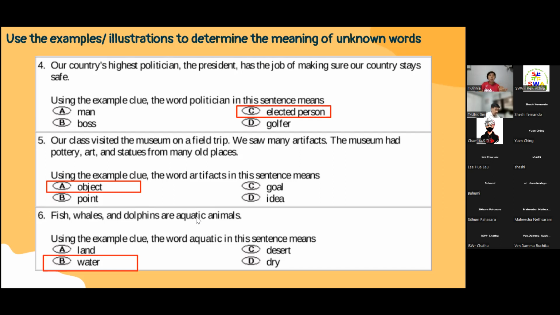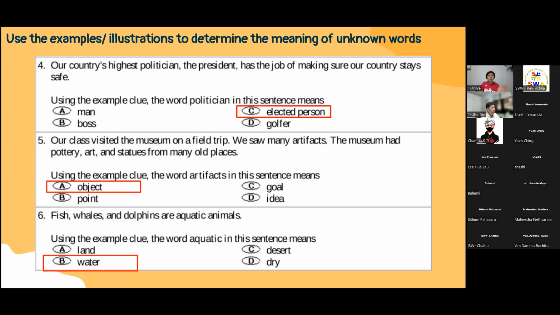Aqua has the meaning of water, but I want to make sure. And here the author gave me examples. Fish, whales, dolphins, where are they found? In the water. So these 3 are found in water. They are referred to as aquatic animals. I'm more sure that aquatic actually means water.